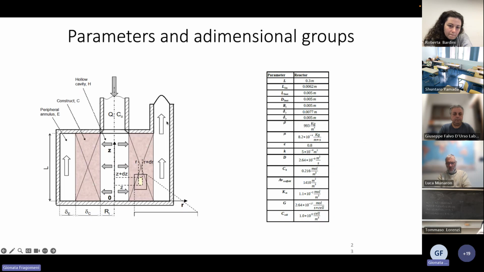We use also for this an adimensional approach in order to have a more efficient, simpler solution.